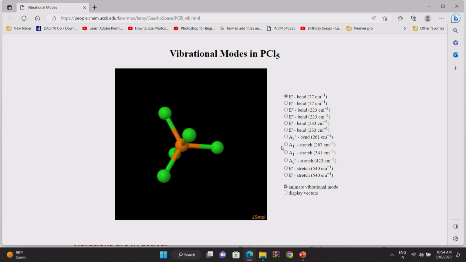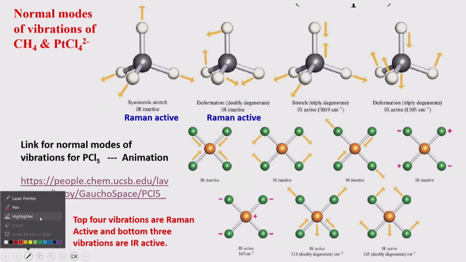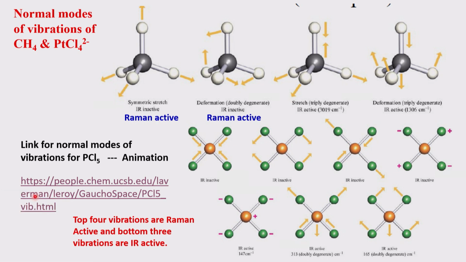Suppose you wanted to look at some stretching vibration, you can see that, and if you want to see different kinds of stretching vibration, you can see that. If you want to see the vectors, you can see how they are oriented, etc. So please do that. For many molecules such animations are available in the literature, and I recommend you keep going through them to get a feel of that.